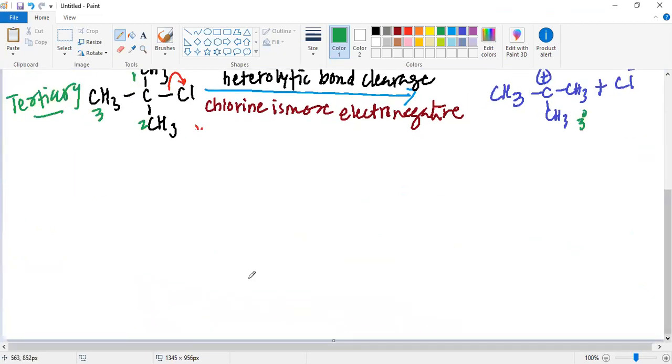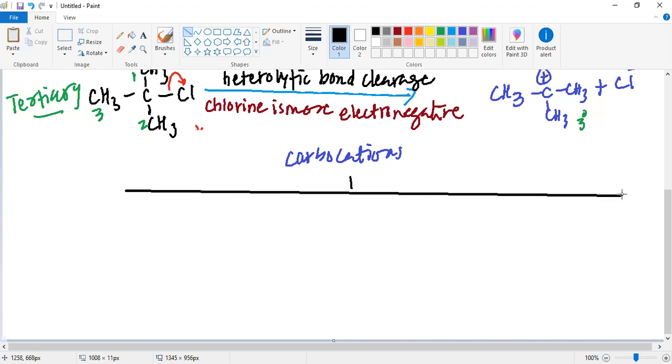So my dear students, we may have various types of carbocations.